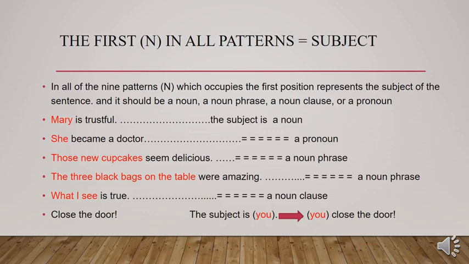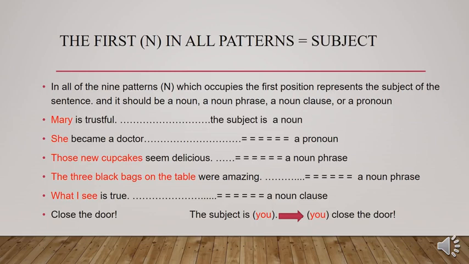And if you want to check whether it is a noun clause or not, you can put a noun instead, and if the sentence remains correct, then it is a noun clause. What I see is true can be substituted by the scene is true, the thing is true. Okay, so here what I see is N. It is the subject of the sentence and it comes in the form of a noun clause.